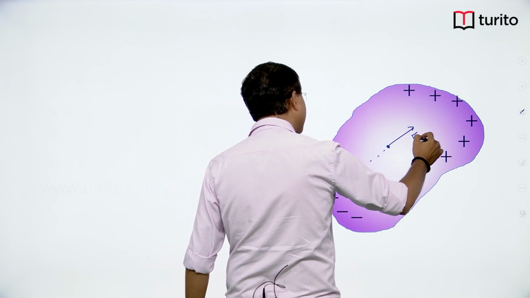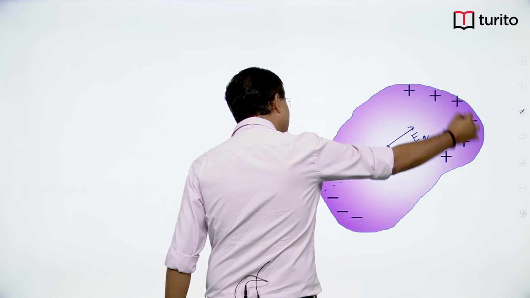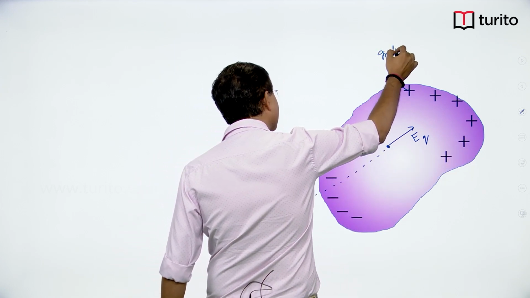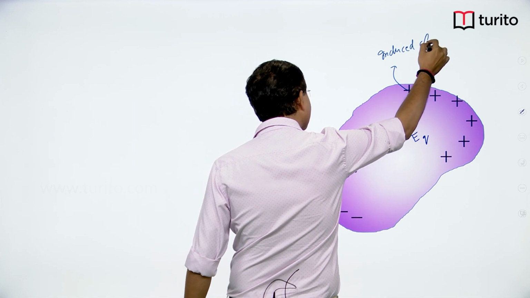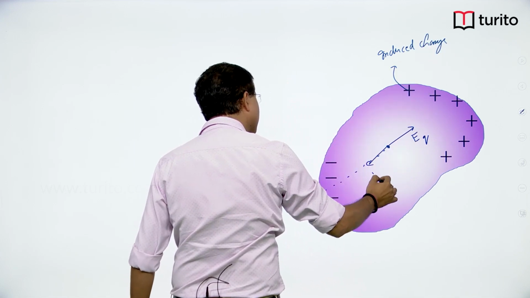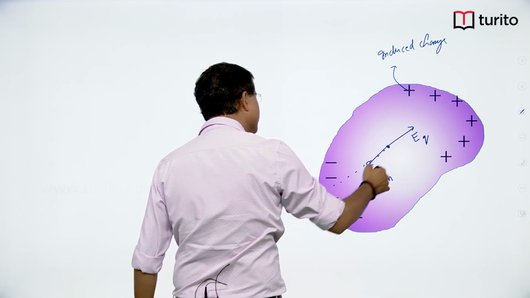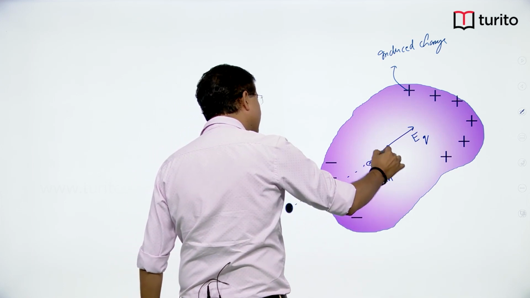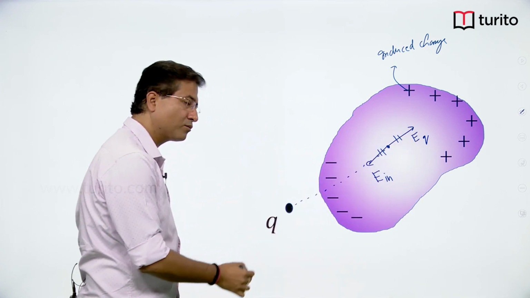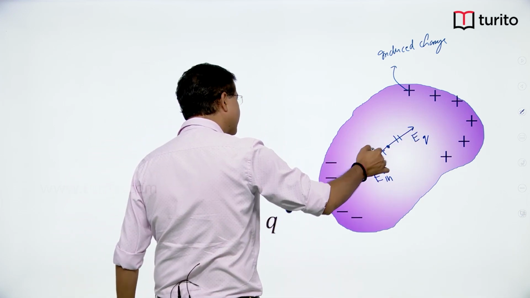This is the field produced by Q, and this is the induced charge. The induced charge will produce a field in this direction, E induced I am writing, so that the effect of this point charge at this particular point gets cancelled.